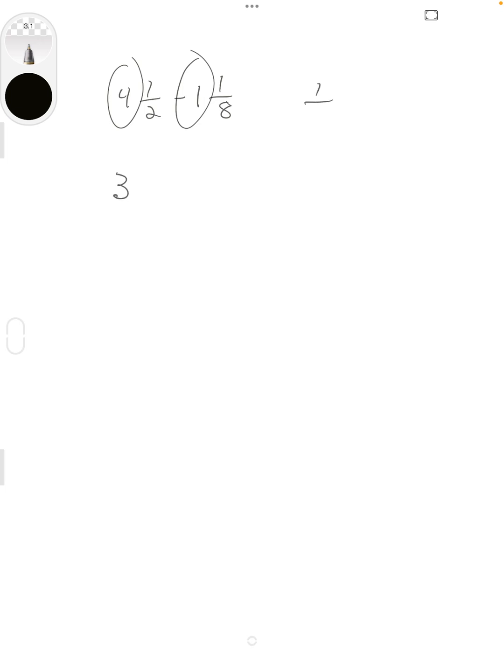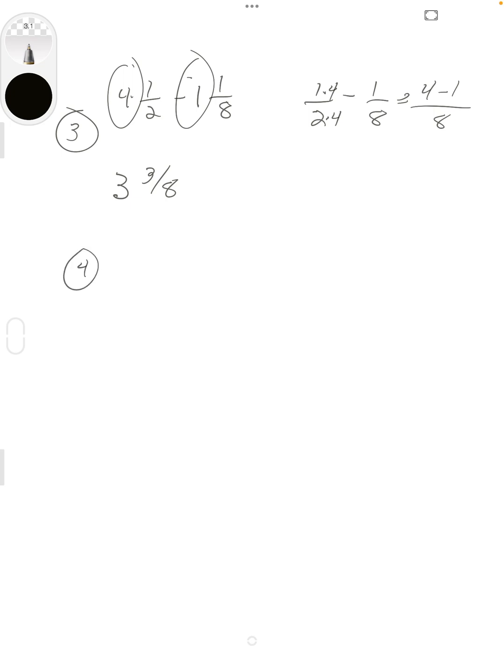Then I have 1/2 minus 1/8. Again, no common denominator. I'm going to multiply top and bottom of this one times 4. So this becomes 4 minus 1 over 8, or 3/8. So that's the third level of difficulty. You just subtract the big numbers and then subtract the fractions, and this will work out just fine.